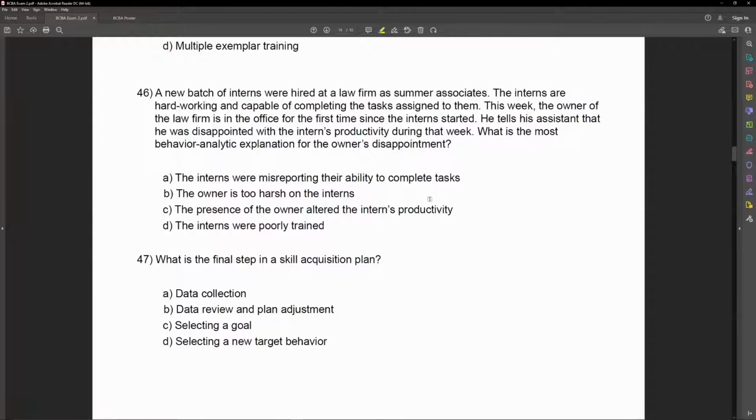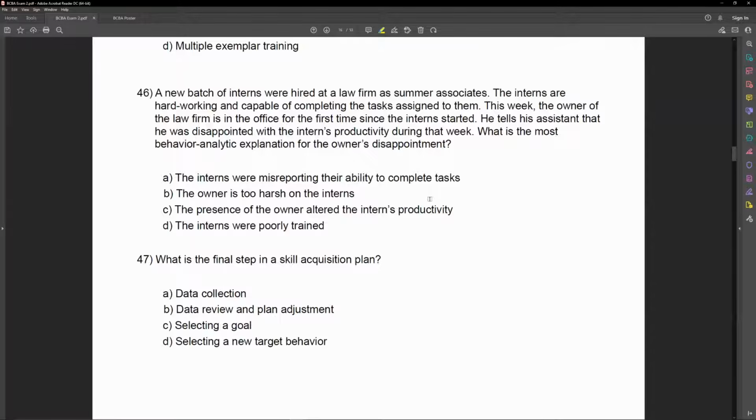I think the biggest mistake I see when I'm tutoring or when I'm helping others prepare is they read the questions too quickly and they try to answer the questions too quickly. This is a rather long question with quite a lot going on. Process it, predict, and then go to your answer choices. So what do we know? We know we have a new batch of interns.